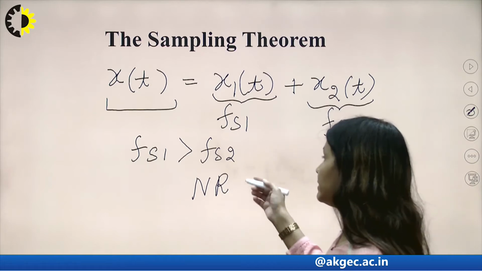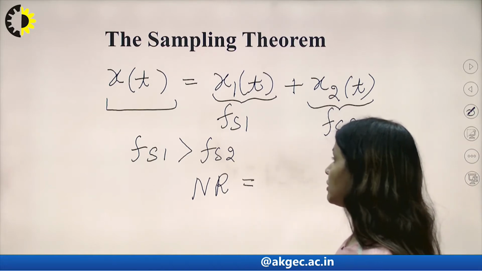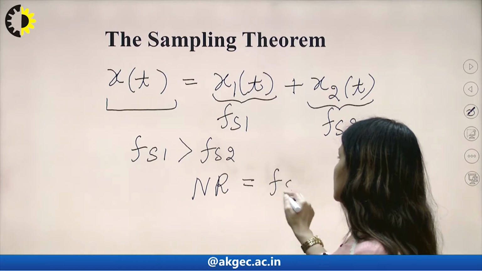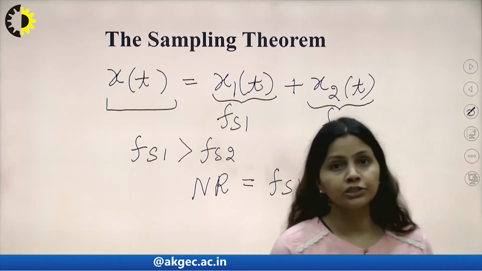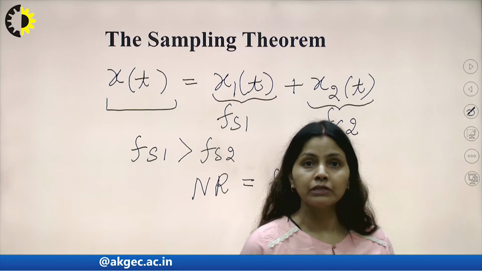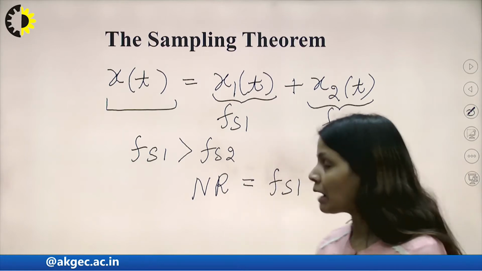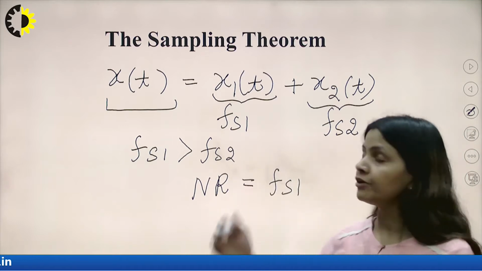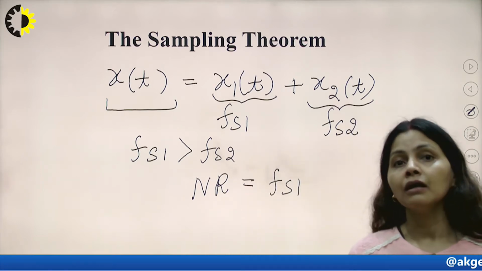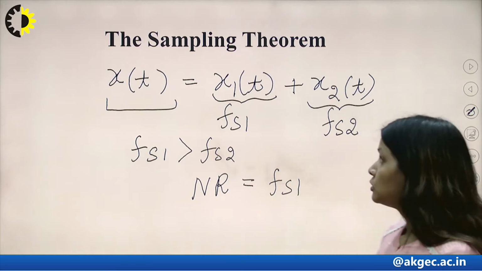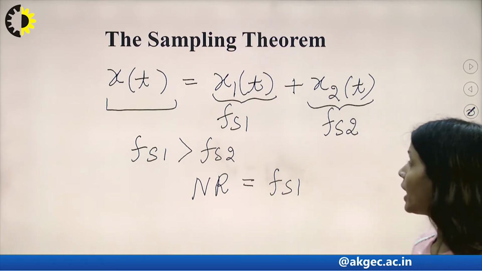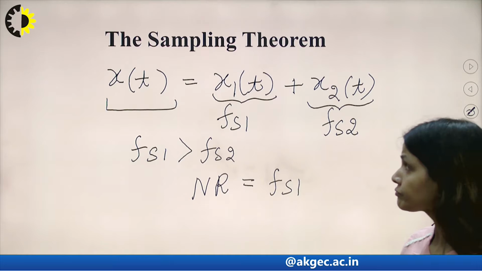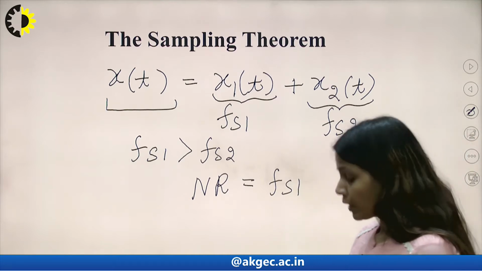That means here the Nyquist rate will be fs1. So for addition of two signals, if we need to calculate the sampling rate, then we must always look at the higher frequency component.